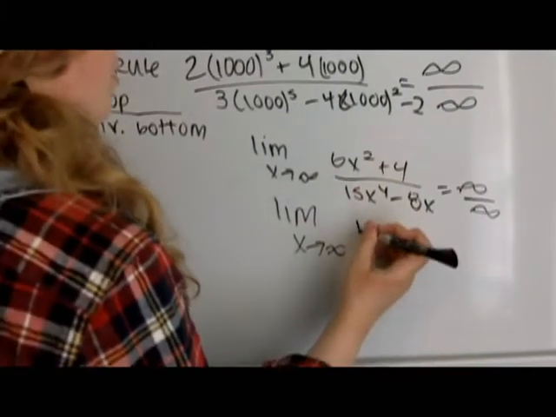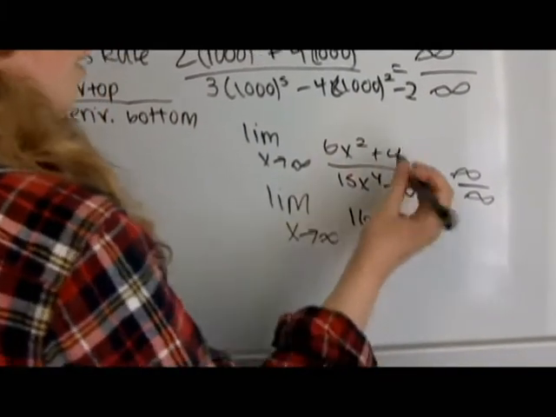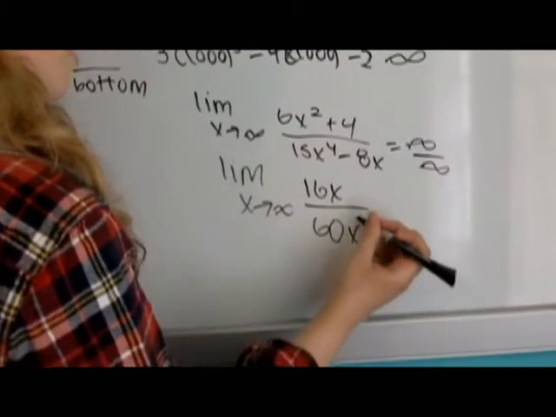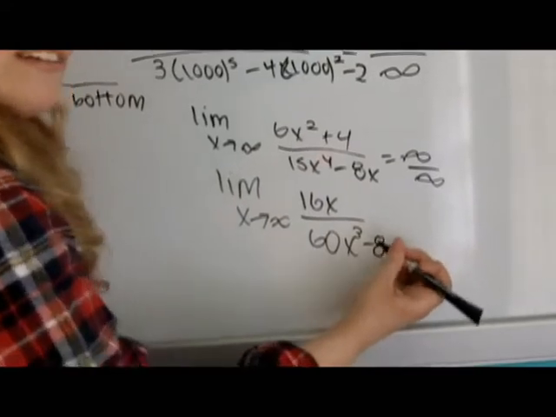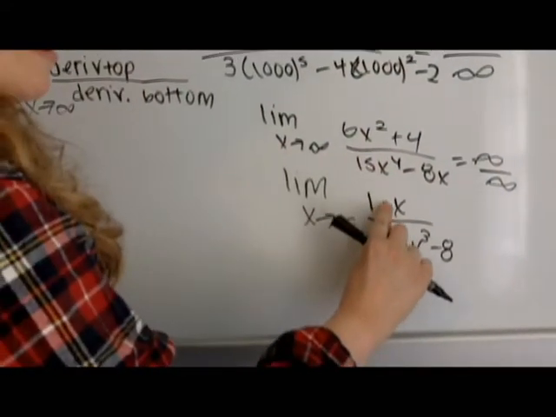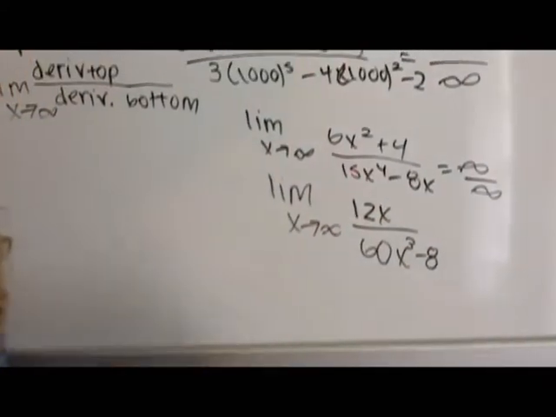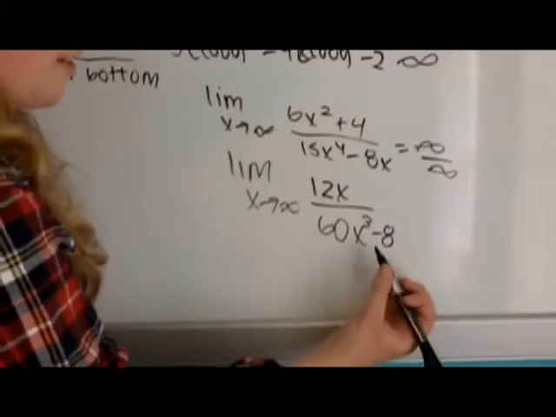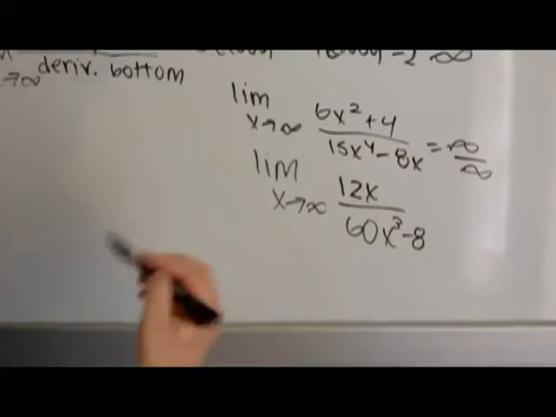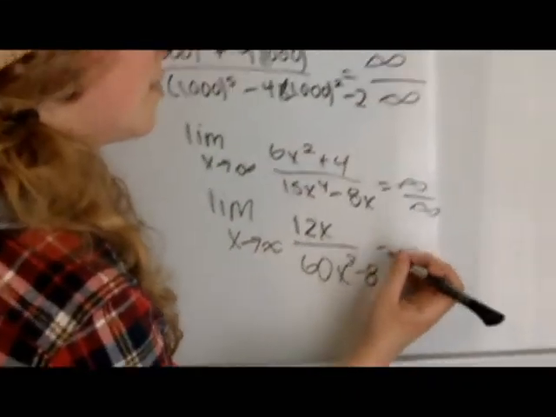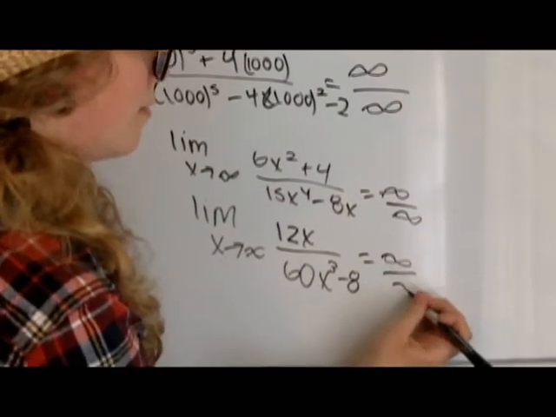So in this case, that would be 12x over 60x cubed minus 8. Now, when you try to find the limit again, you still have infinity over infinity.